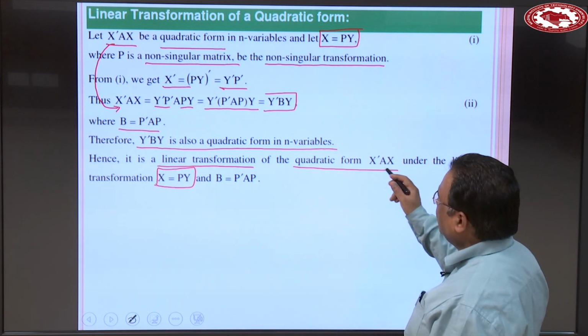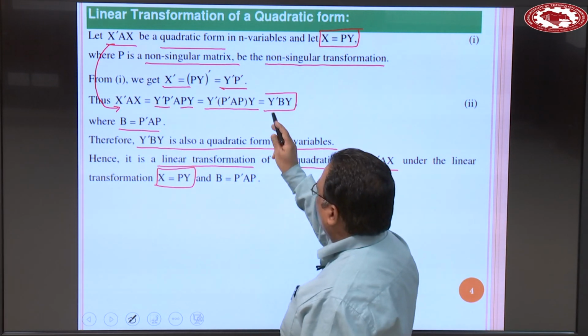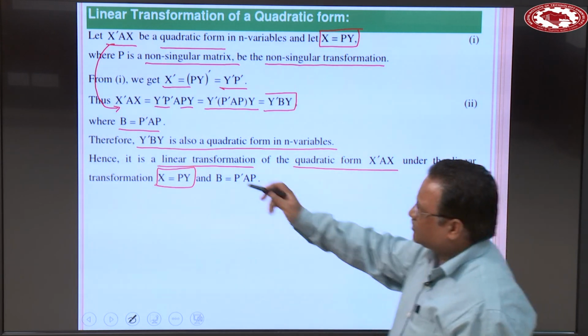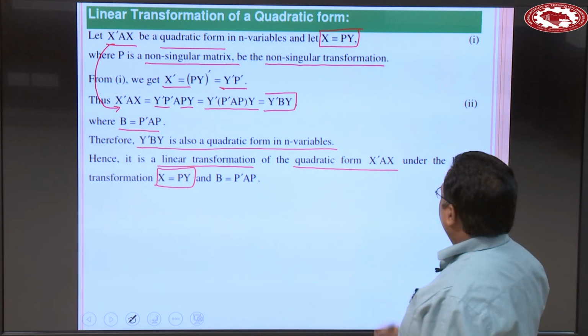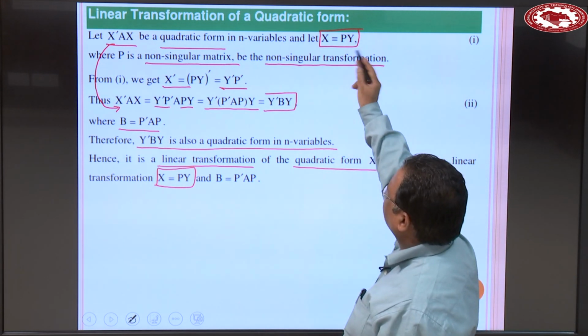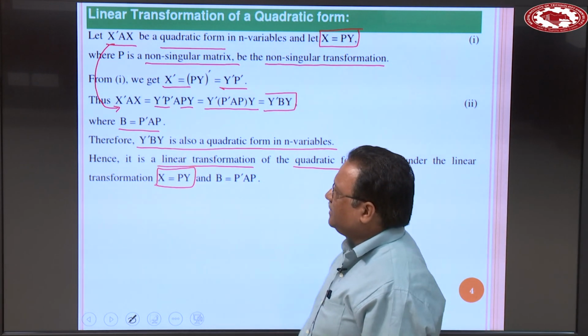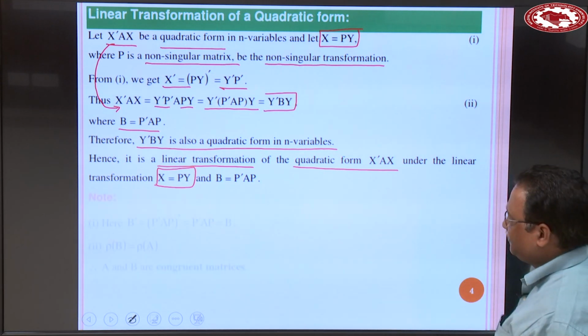So x'Ax is transformed into y'By. Clear? So this one is a linear transformation of this quadratic form into this quadratic form, using the linear transformation x equal to Py, where B is equal to P'AP.